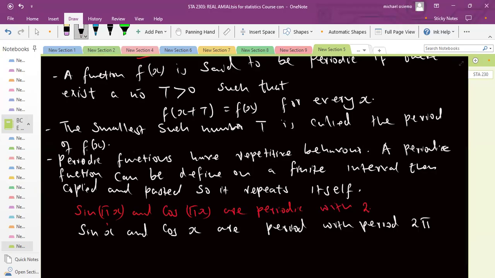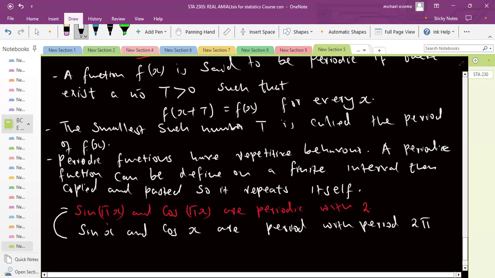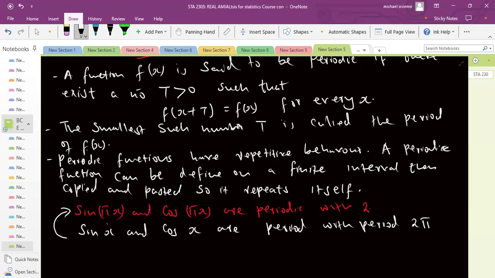That means that sine x repeats itself after a whole cycle. After a whole cycle, you're going to have the same value. Now, this one tells us that sine pi x is periodic with period of 2.